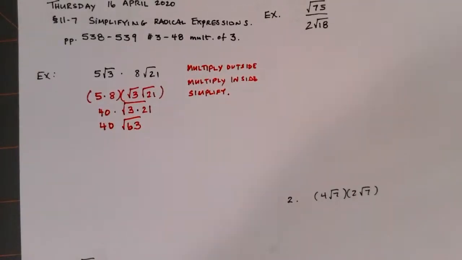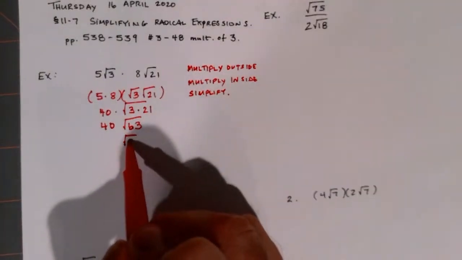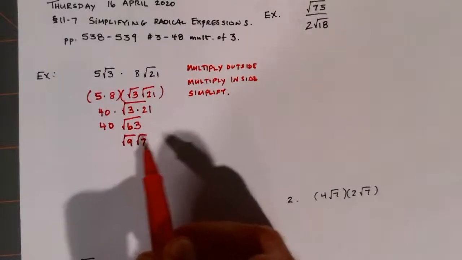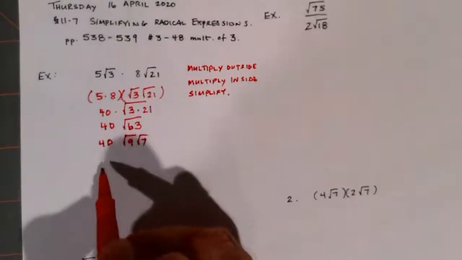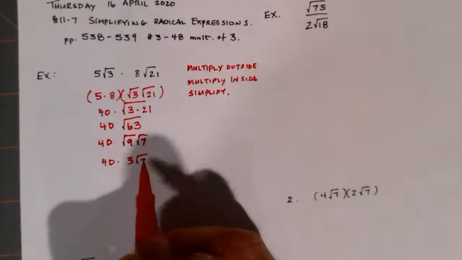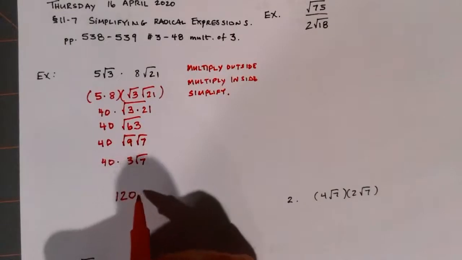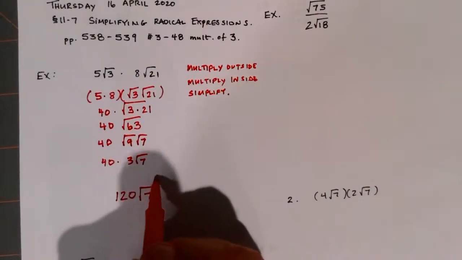When I go to simplify, this is going to be root 9 root 7. So I have 40 times 3 root 7. So this answer is 120 root 7.